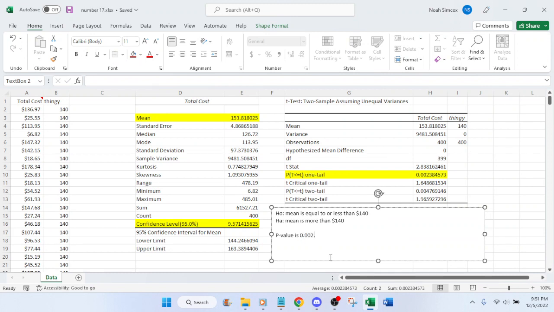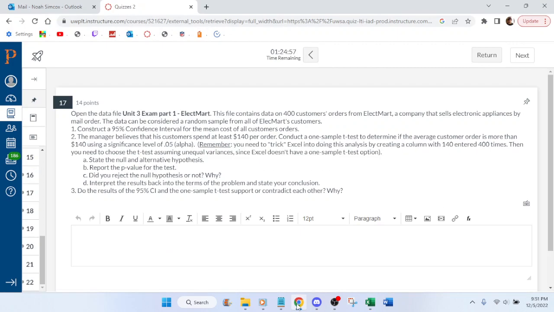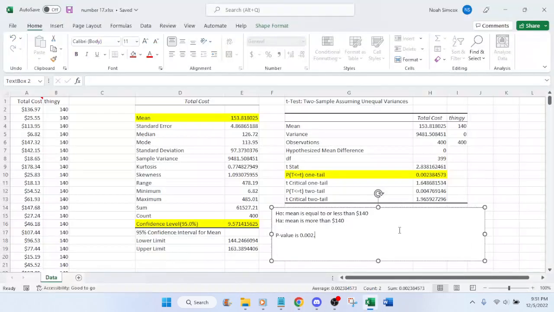So 0.002. Therefore, okay, this is less than 0.05, so reject the null hypothesis.